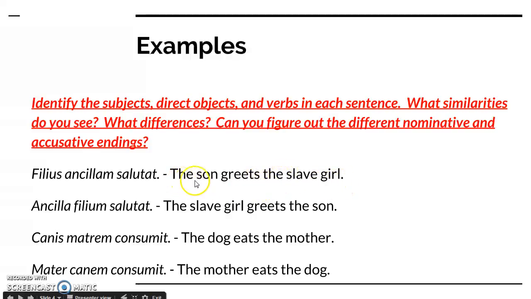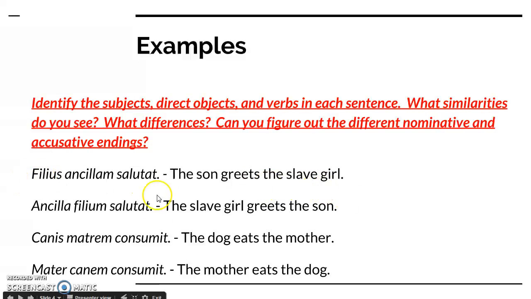Notice how in English it's pretty straightforward just based on the order. Start off with the subject, then we have the verb, then we have the object. But not all languages do this. Latin definitely doesn't do it, because in Latin the word order doesn't matter. So, in this sense, we have filius ancillam salutat, which means the son greets the slave girl.